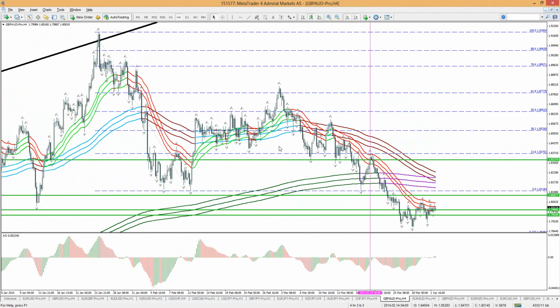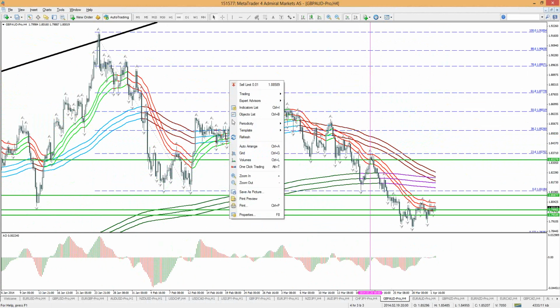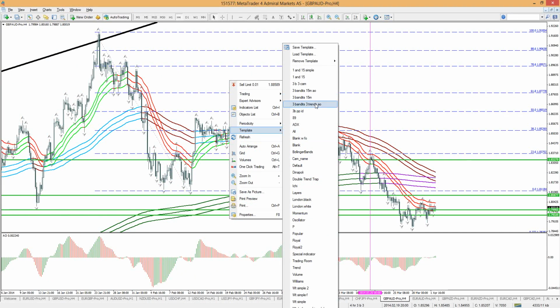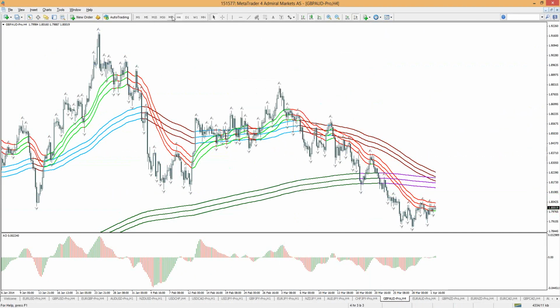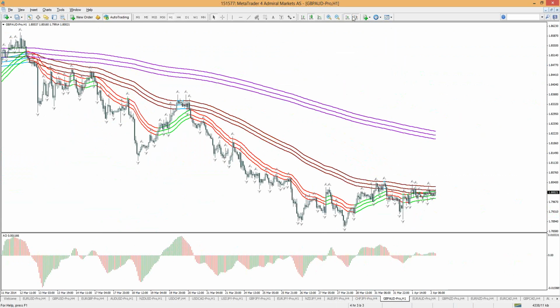Let's see if the pound odd could give us something of a new vision here, something different. Let's take a look at the hourly. Hourly is being squeezed, actually, on the pound odd. A trend line like that could be maybe of some value for us.